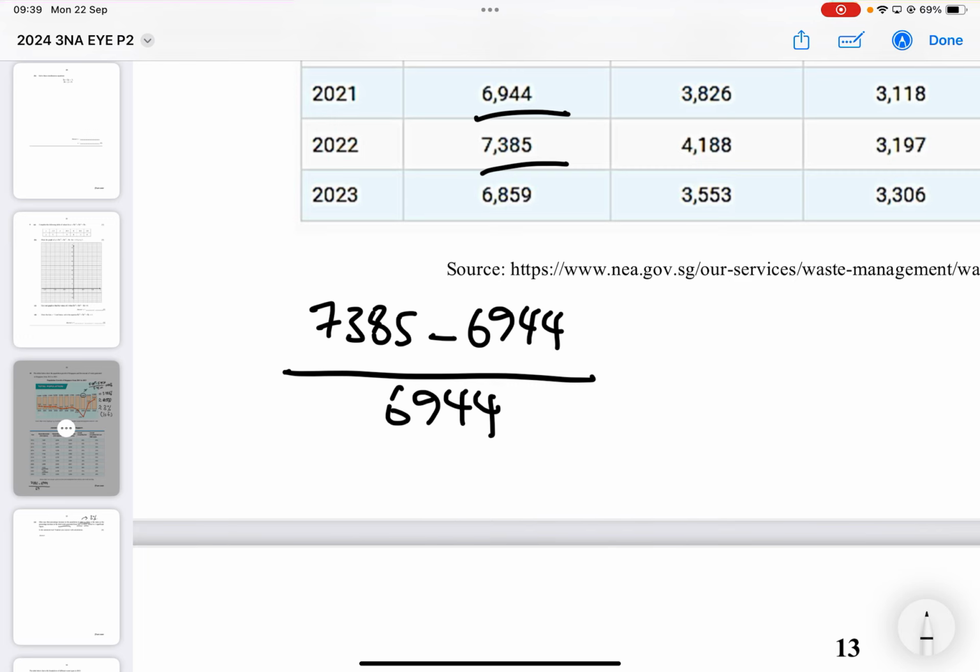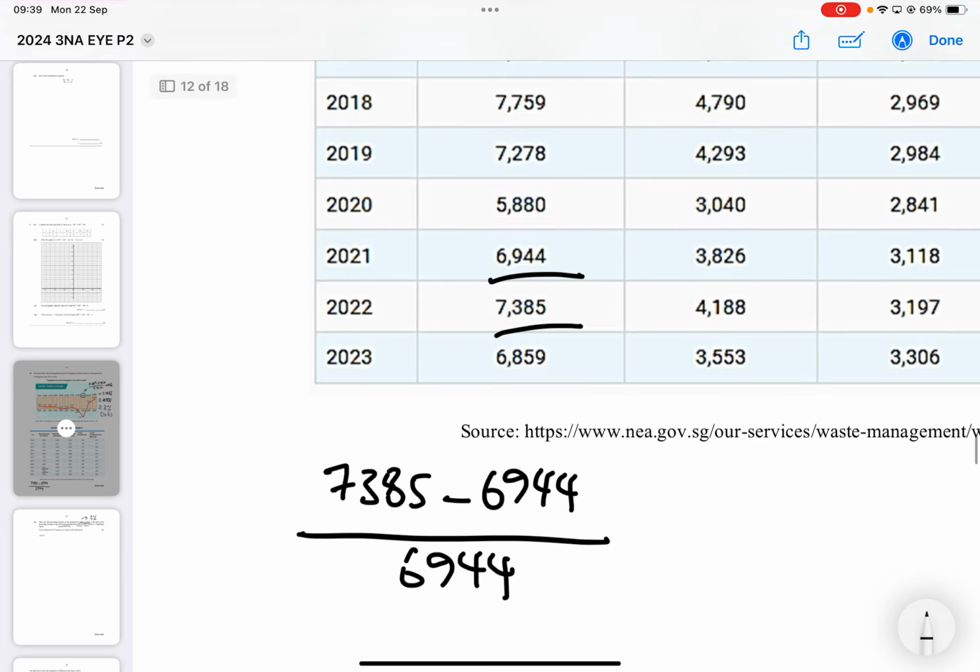Again, it is from 2021 to 2022. So this was the original amount. So this increase divided by the original amount, we begin from 2021. So it should be over 6,944. Okay, not over 7,385. Then multiply by 100%.